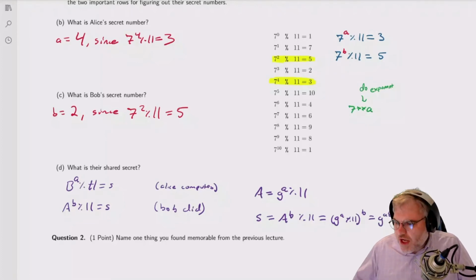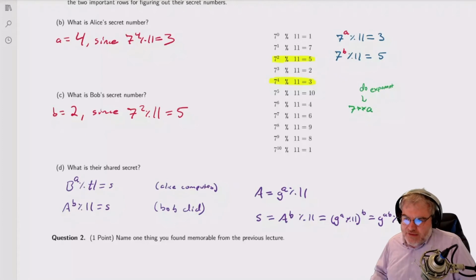So I could compute how Bob did it. I could compute it like Alice did it. Or I could compute it straight because I know both secret keys.